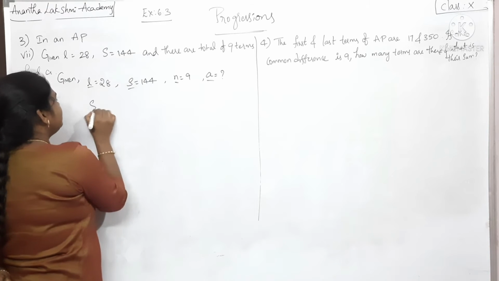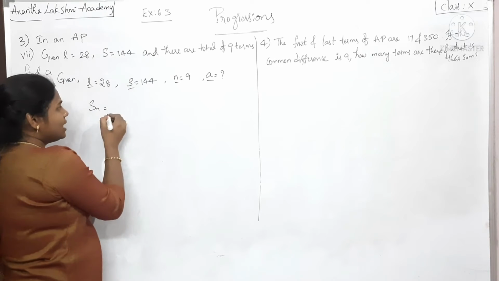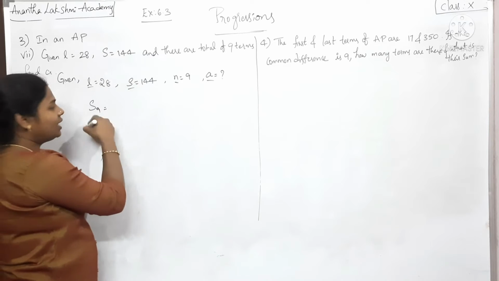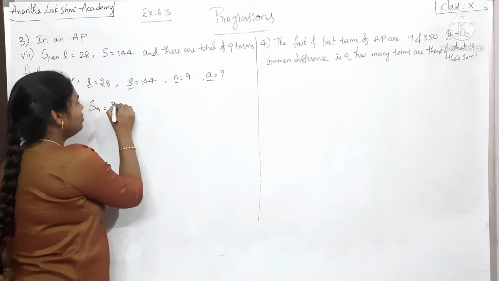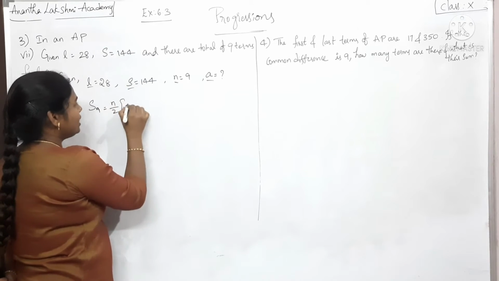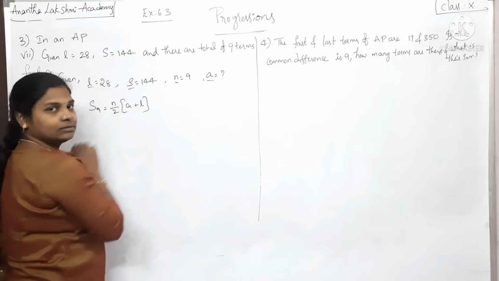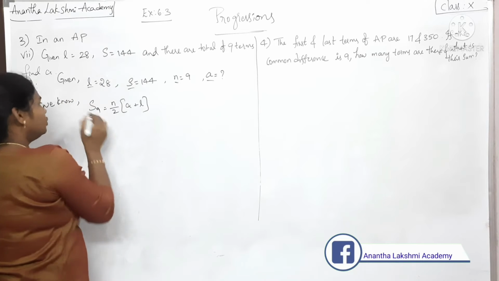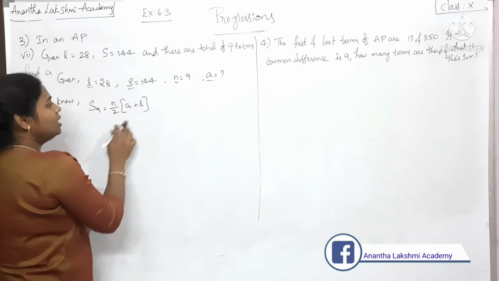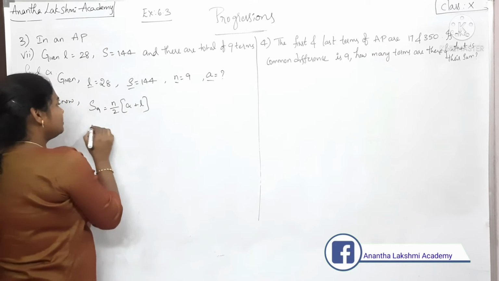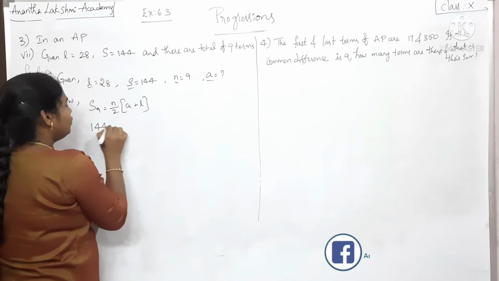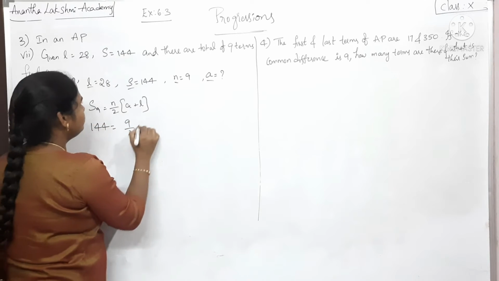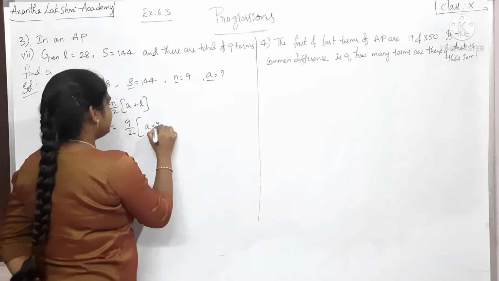So S9 is equal to n by 2 into a plus l. Sum of n terms is equal to n by 2 into first term plus last term. So 144 is equal to 9 by 2 into a plus 28.